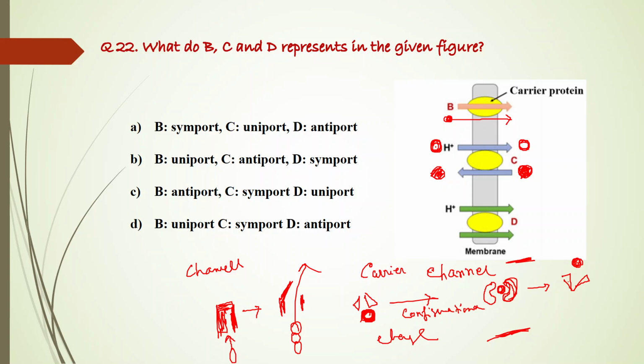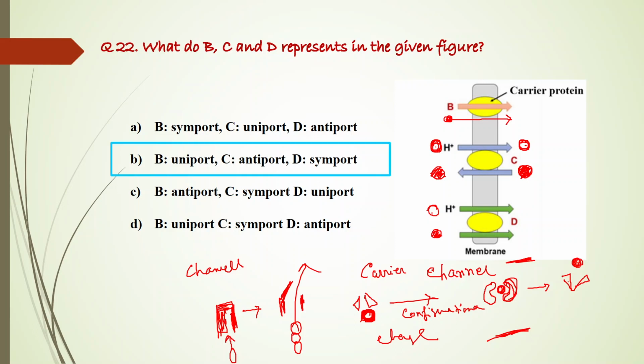A different substance is going inside, but another substance is coming outside. And in the last case, what can happen? It can take two different types of substances in the same direction, but you are not getting back. Okay. So these are the three types.